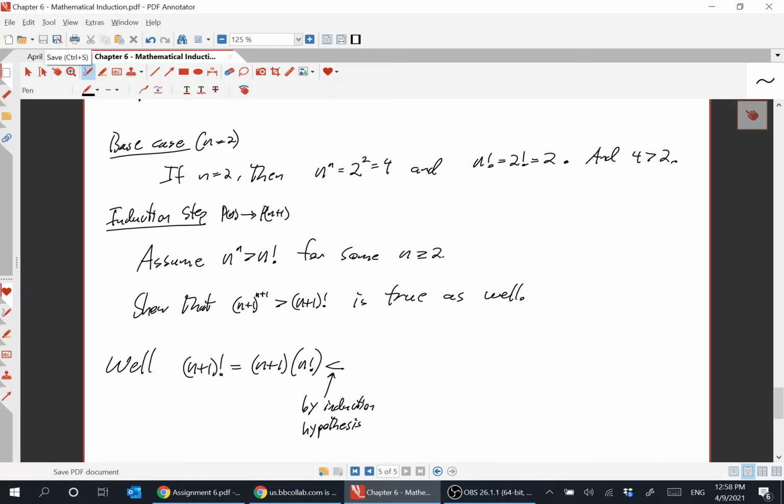All right, the induction hypothesis is that n factorial is less than n to the n. So this expression is less than what? n plus 1 times n to the n.